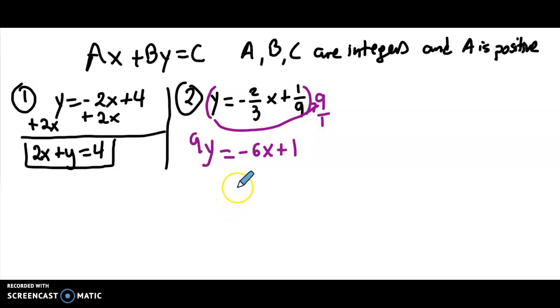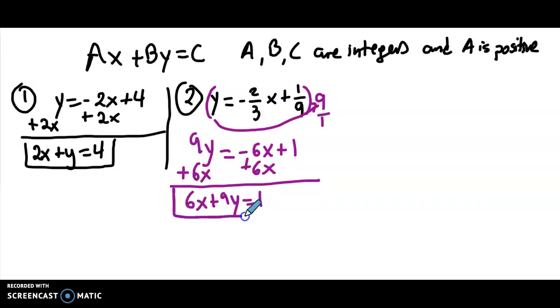So I got rid of the fractions, and now don't forget our main goal: to get this looking like standard form. With the x's and y's together, the x term has to go to the other side. Remember, if there's nothing in front of the term, that means it's positive. I'm going to box this because I'm done. There we have it. The equation is in standard form. My A is 6, it is positive. My B is 9, and my C is 1.